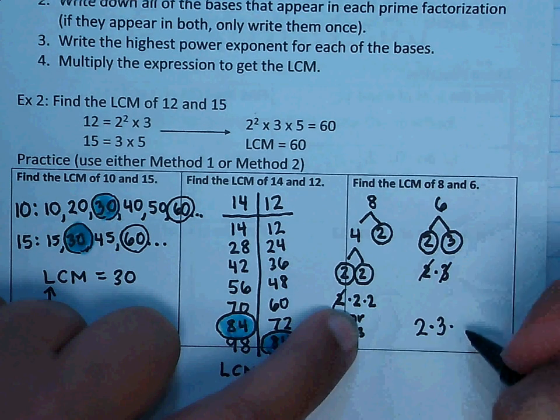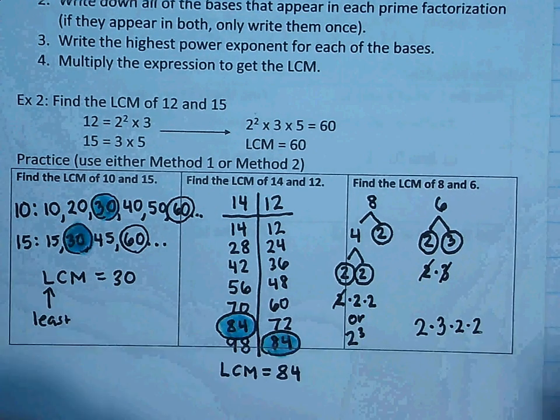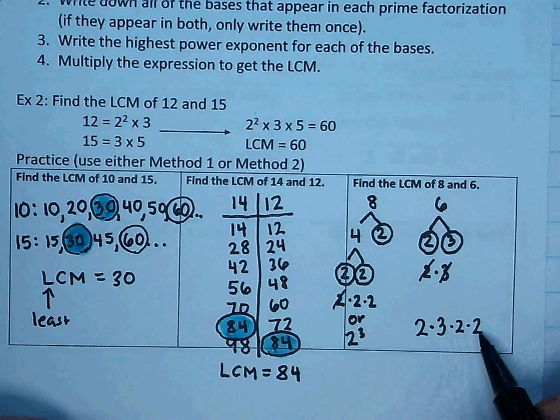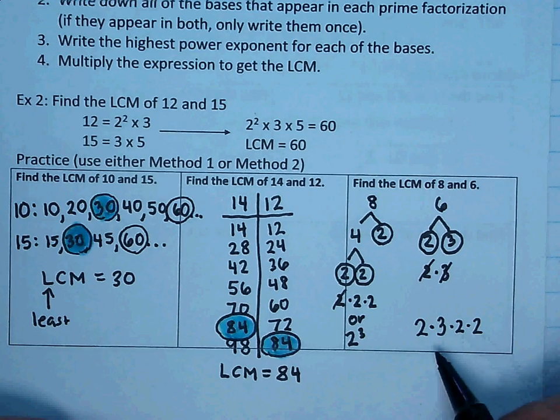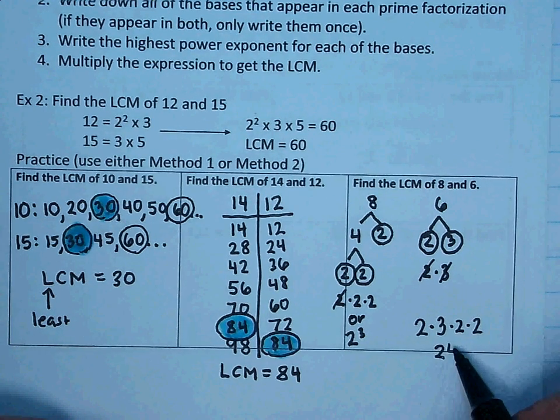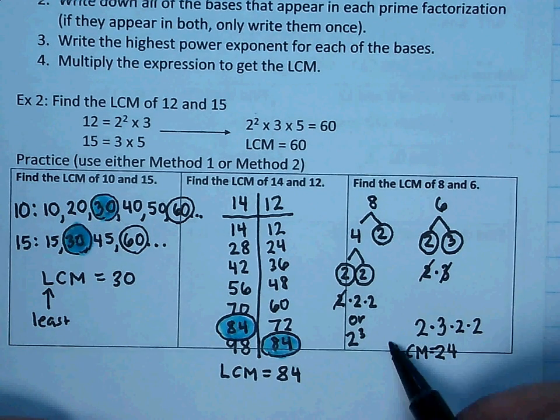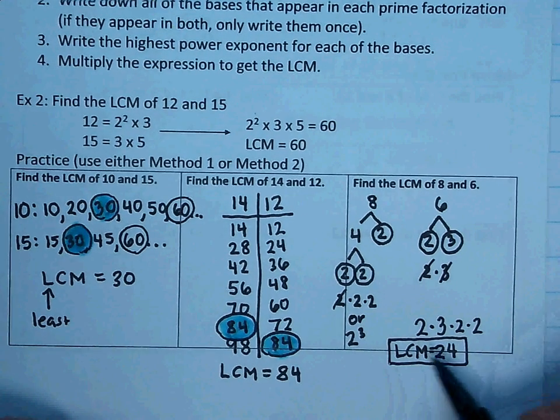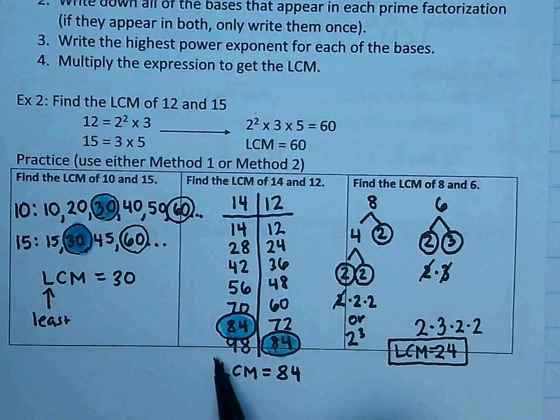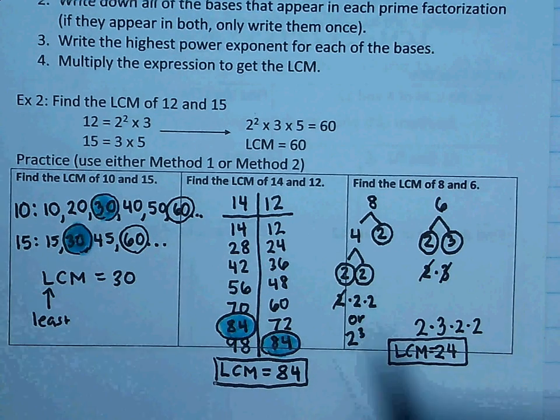This 2 and this 2 also are going to get used. So 2 times 3 times 2 times 3, so that's 6, 4, 6 and 4 make 24. So the LCM for 8 and 6 is 24. Again, this is probably my least favorite way to do it, because I feel like it's a little confusing, but if you like it, stick with it.